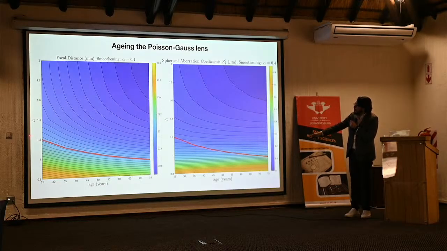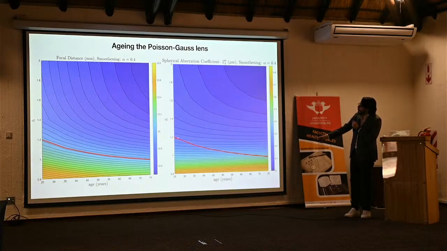In this space, it is a curve of constant paraxial focus, but in this space, where the x and y axes are the same, the color here means aberration.